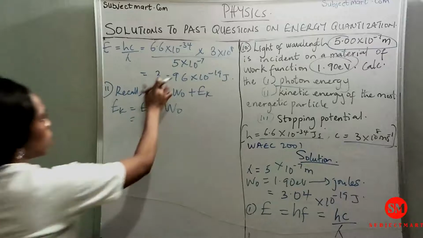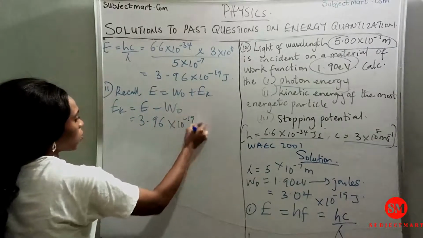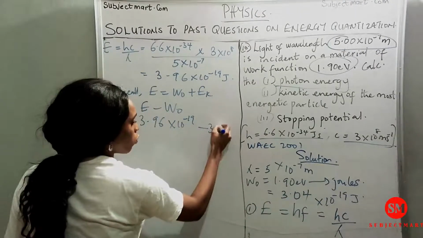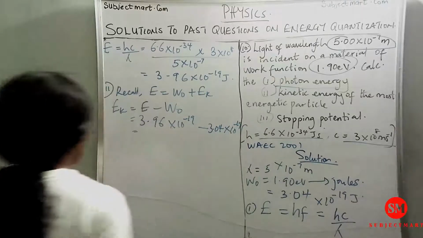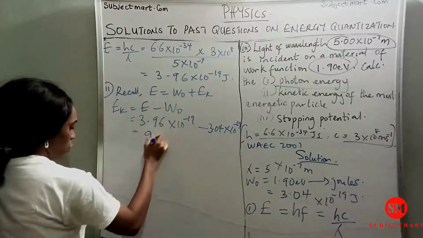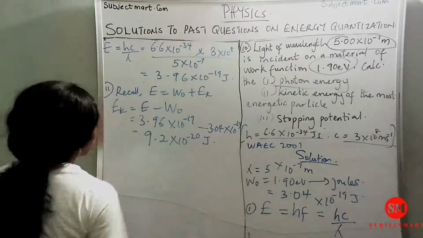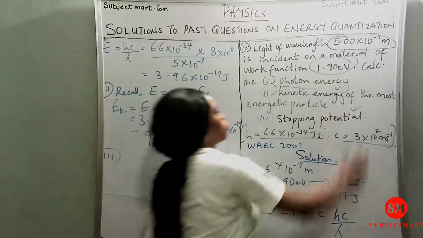And we just calculated our E to be this, minus the work function, 3.04 times 10 raised to the power minus 19. So if you subtract this, we are going to have 9.2 times 10 raised to the power minus 20 joules. And that answers question 2.